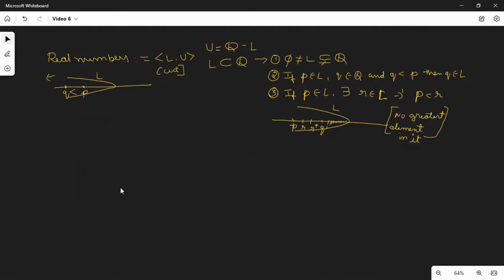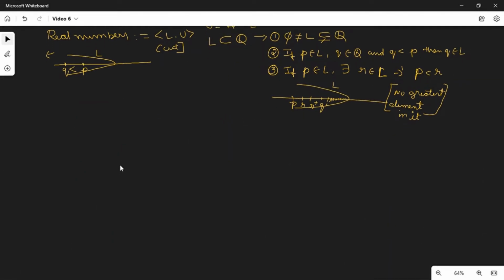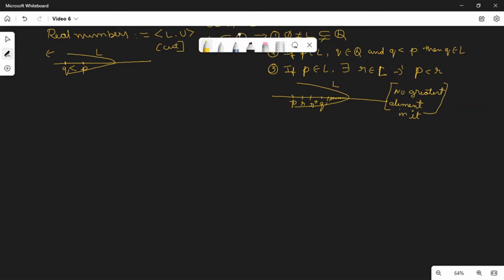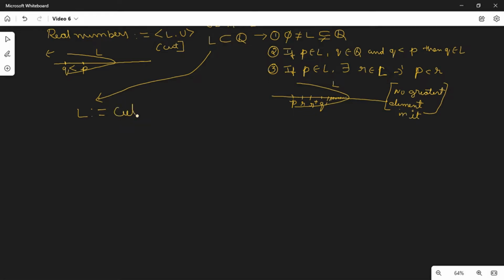So what Rudin does is he takes this L and calls it a cut. Why? One, this U set depends on the L, and one more, if you know L, we can define the real number. So L is very important and L is sufficient.